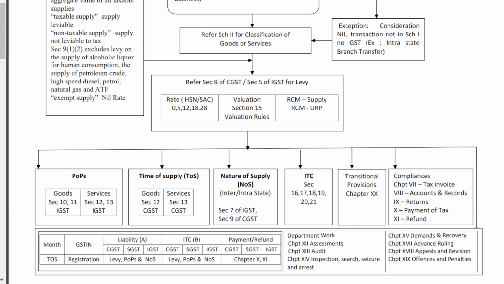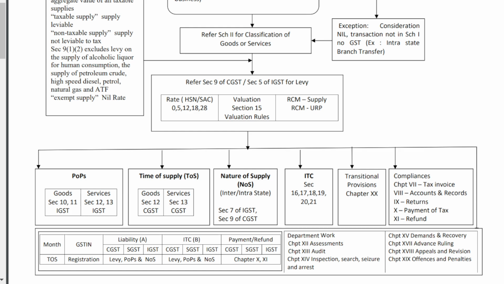Then time of supply is under sections 12 and 13 of the CGST; section 12 covers goods and section 13 covers services. The nature of supply, interstate or intrastate, is under section 7 of the IGST, and section 9 of the CGST.